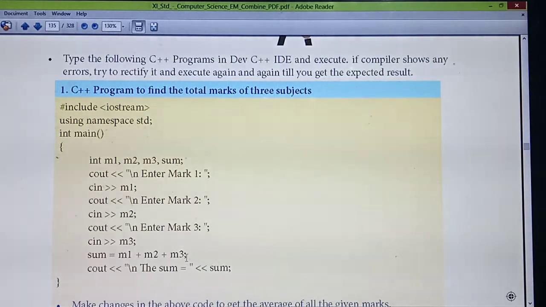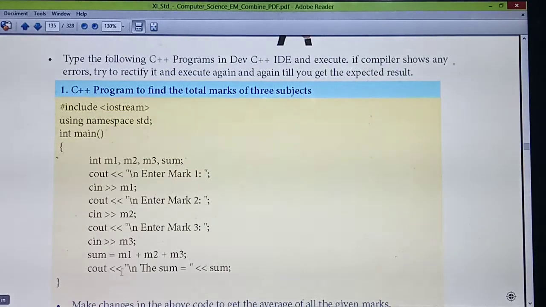Now listen carefully. You have added the 3 subject marks and stored the result in the variable sum. Now the result is stored in a variable, so which variable do you need to display as the output? The question is that you need to find the total marks for 3 subjects. So you are going to display the output from which variable? Sum.